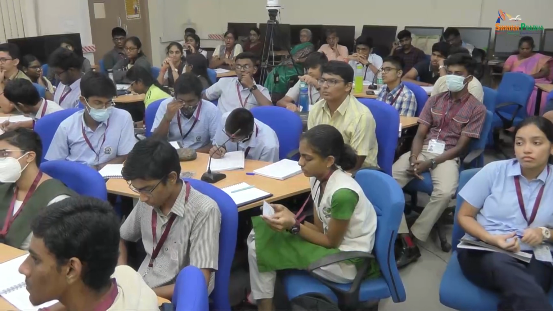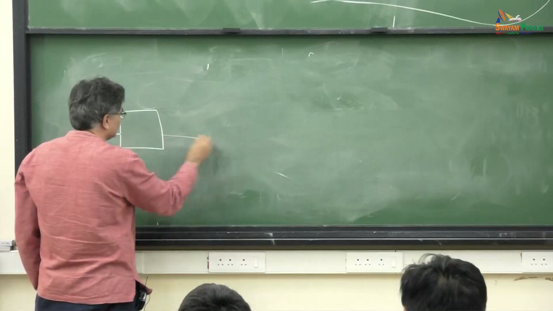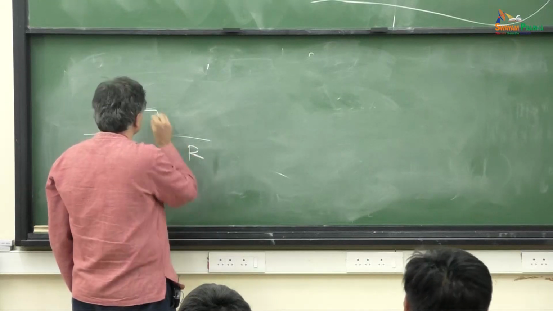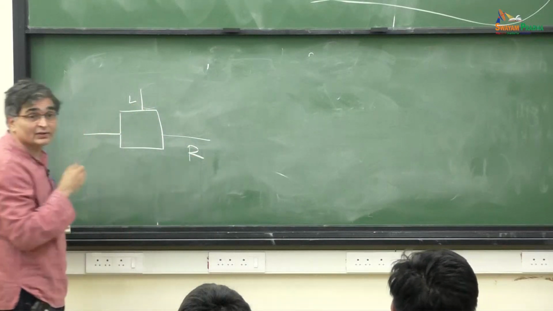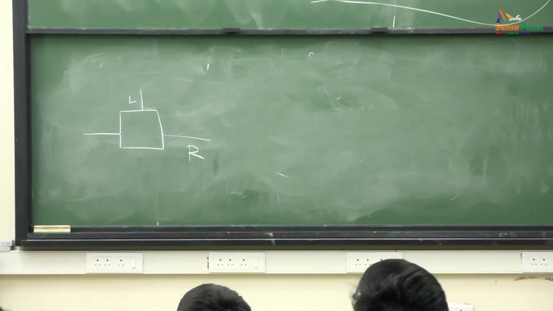So I have a handedness box here. Yeah, and now I have a set of mirrors, okay. The task of this mirror is to just kind of change the direction of the electron.